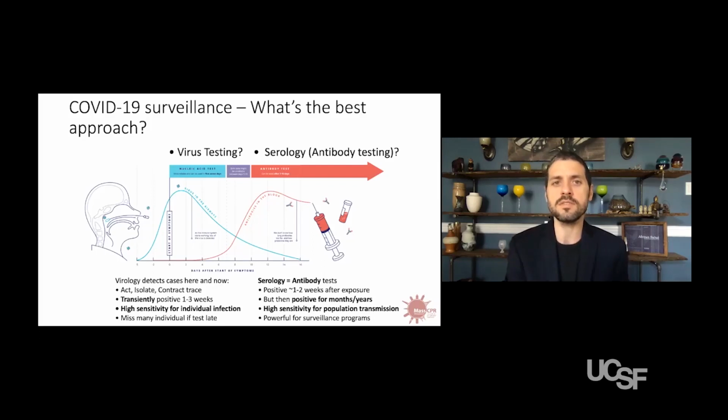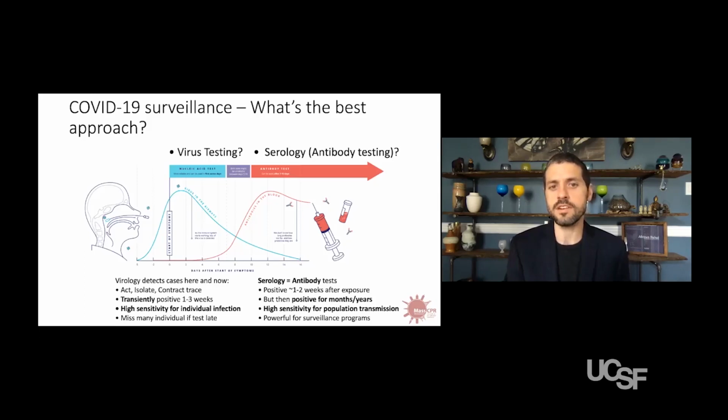They can be very powerful tools once population prevalence is low, for what I call peacetime surveillance, to keep an eye on large communities and know where outbreaks are emerging. Then you can jump in with virus testing and other non-pharmaceutical or pharmaceutical interventions to try to mitigate the spread.